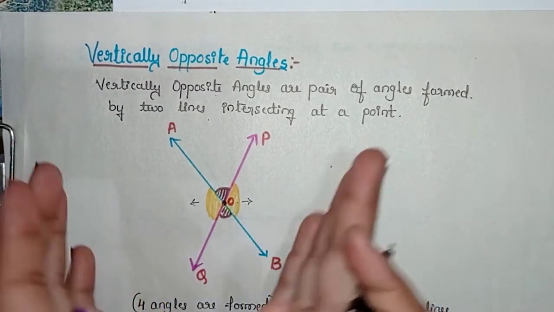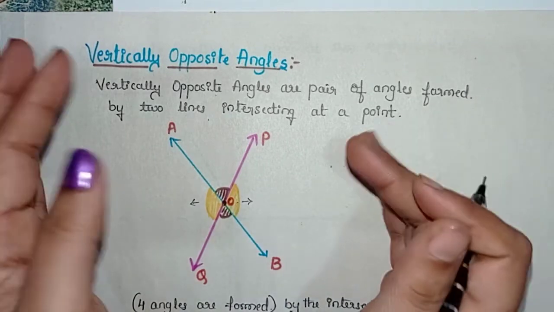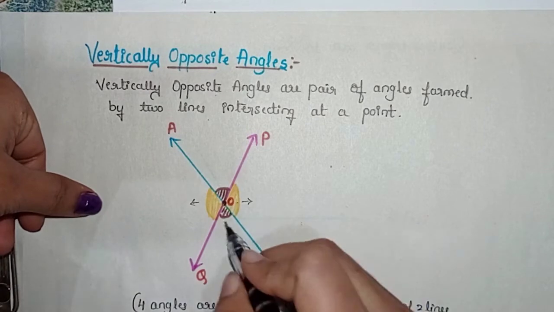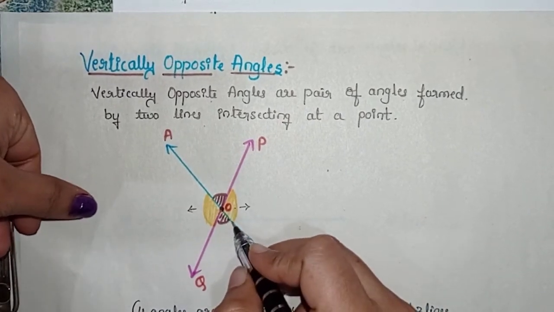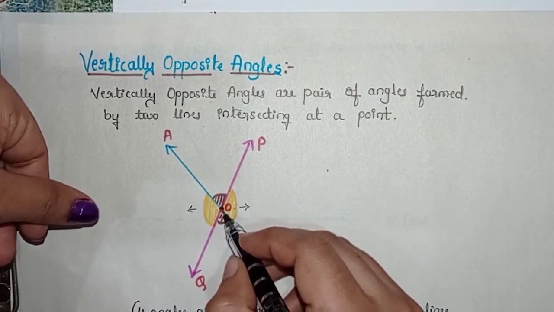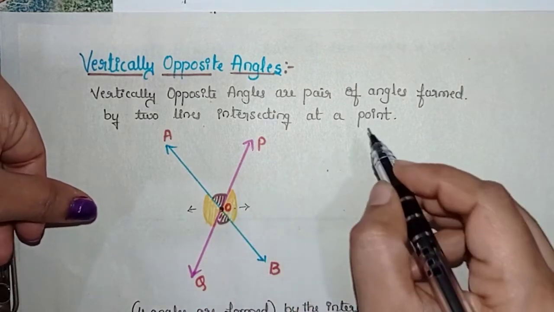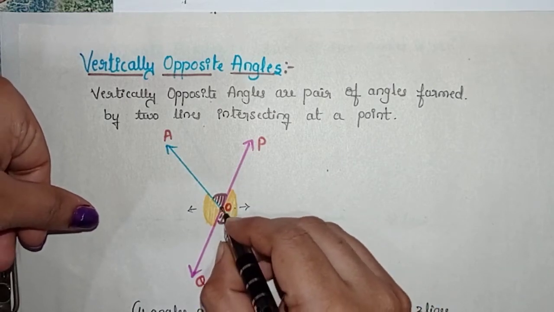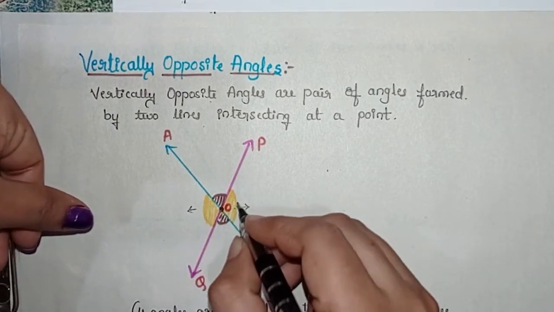Like this, they are facing totally opposite. Such types of angles are called vertically opposite angles, and they are formed by the intersection of two straight lines. When they meet at the point, there will be a formation of vertically opposite angles.